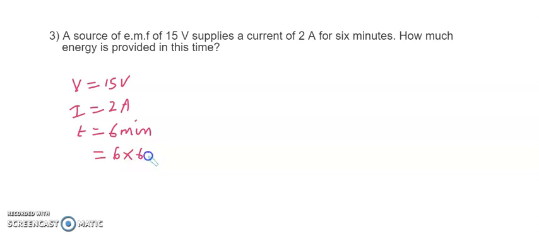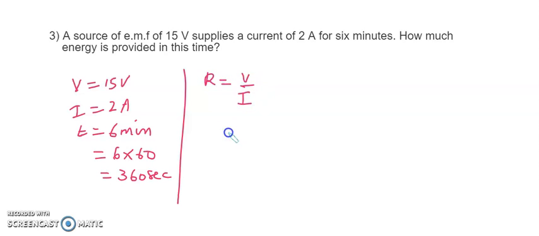So 6 into 60 is 360 seconds. Now first I'll find the value of R. So R is equal to V by I, which is 15 by 2, which I can say as 7.5.